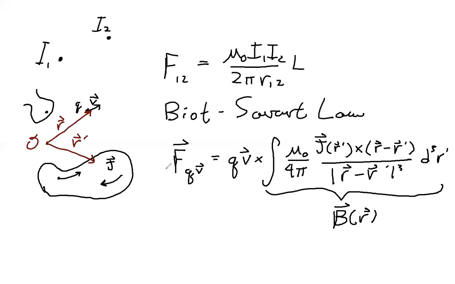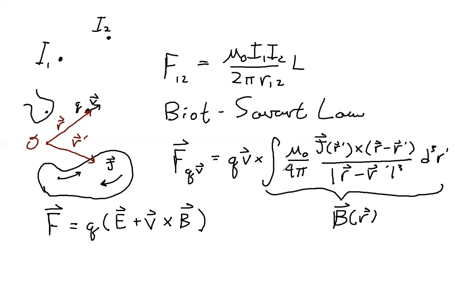So the force on a moving charge has this term. So this is where the Lorentz force law comes from. Generically, if you have electric and magnetic fields, you have Q times the E we had before, plus this part, which is from the magnetic field. This is where the Lorentz force law comes from.